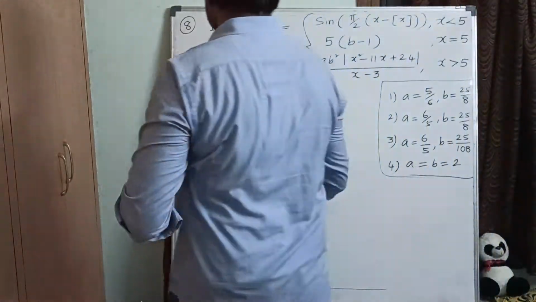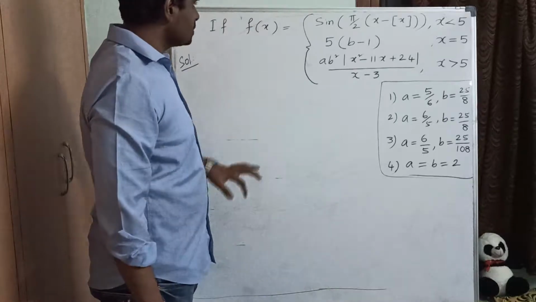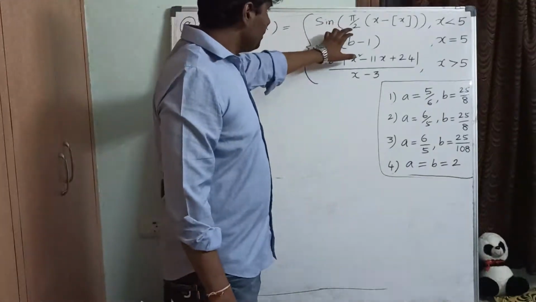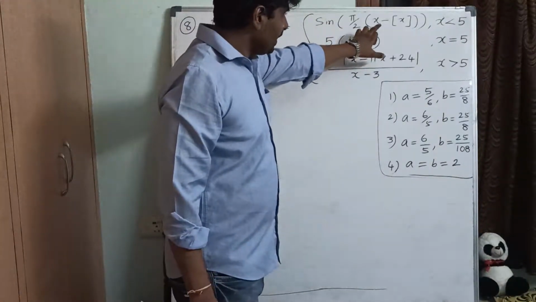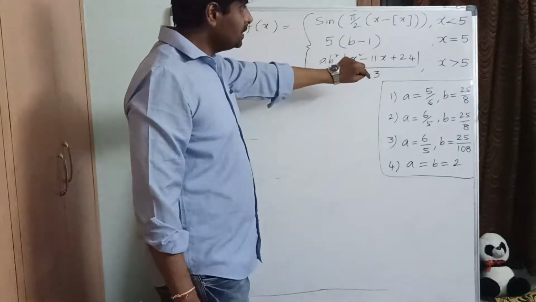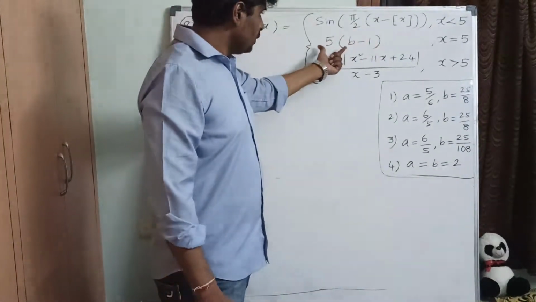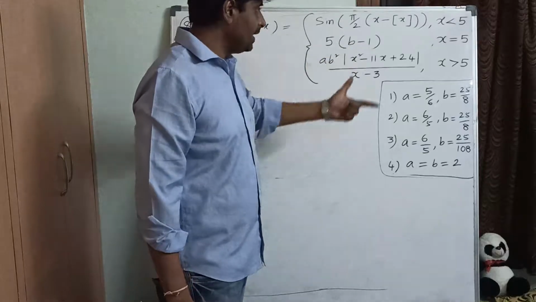Now, let us look at question number 8. If f of x equals sine of pi by 2 into x minus greatest integer function, that is step x, for x less than 5. Now for x equal to 5, what is the function given? 5 into b minus 1.